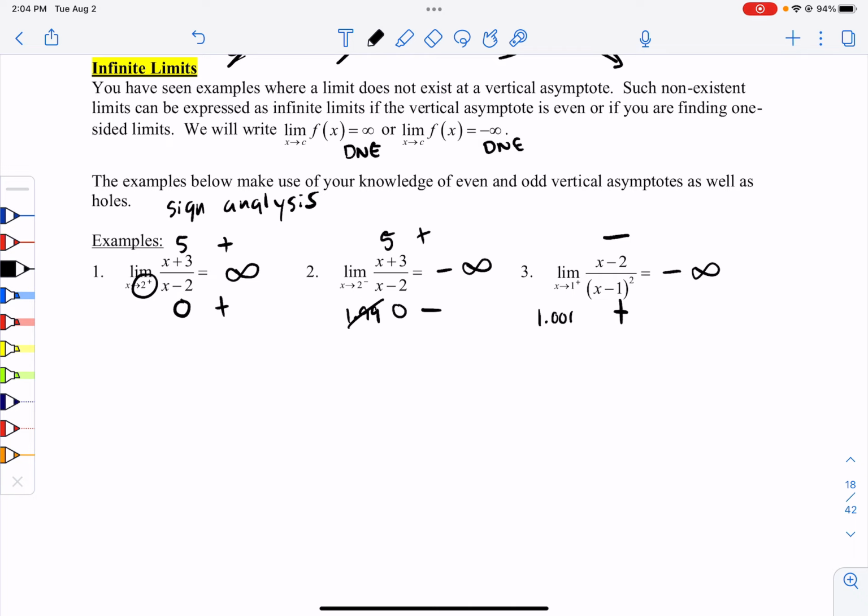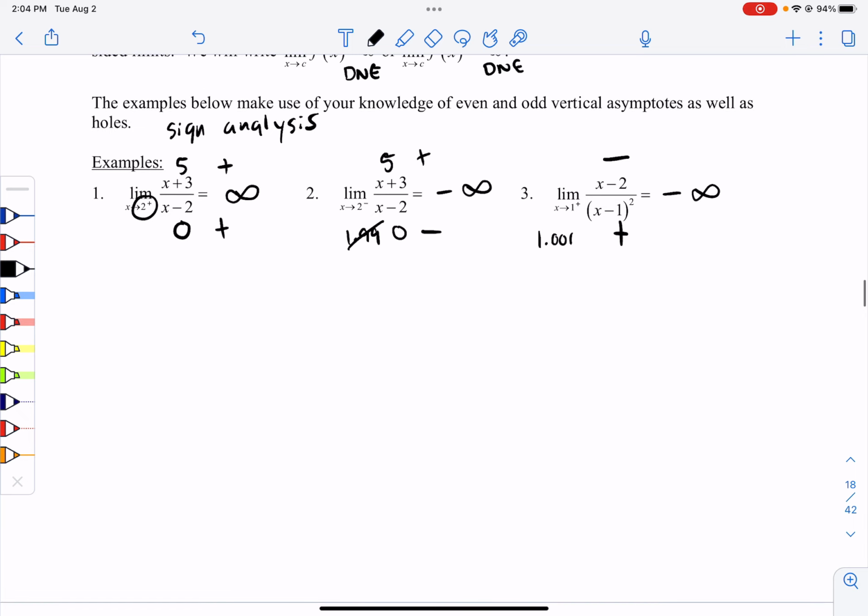All right. Before we move on to examples 4 and 5, I know yours are really close, but one other thing that I forgot to mention: if I look at my denominator right here, x minus 2, technically there's an exponent of 1 right there.